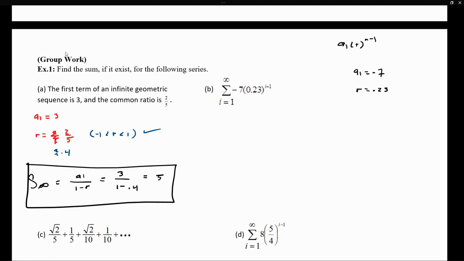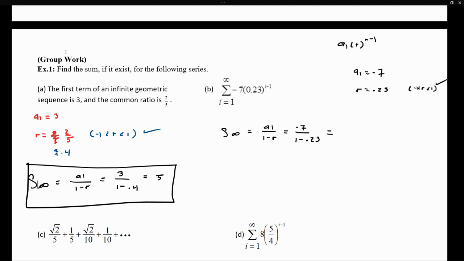So now the question is, can we use the infinite geometric sum formula? Well, r is 0.23, which is definitely between -1 and 1. So yes, since r is between -1 and 1, we can find the infinite sum. Recall that the infinite sum is a1 over 1 minus r, where a1 is -7 and r is 0.23.